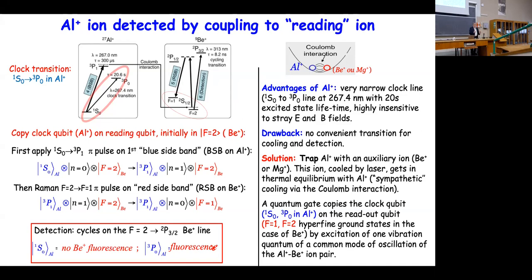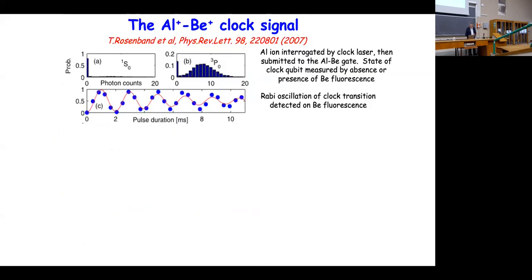And then you ask the question, is the aluminum in 1s0 or in the upper state of the clock transition? And to do that, I apply the sequence of sideband transitions to transfer to the beryllium, and I look at the beryllium fluorescence. And then I start again. And what I do is that I change slowly the frequency of the probe laser, and I look at what happens. And you see here what is observed.